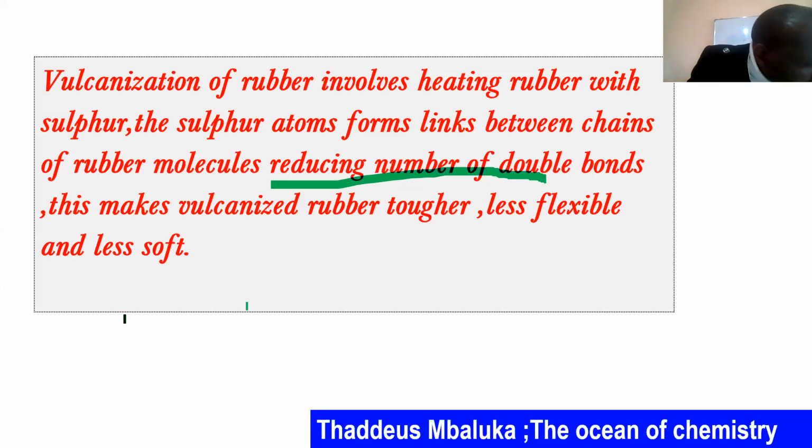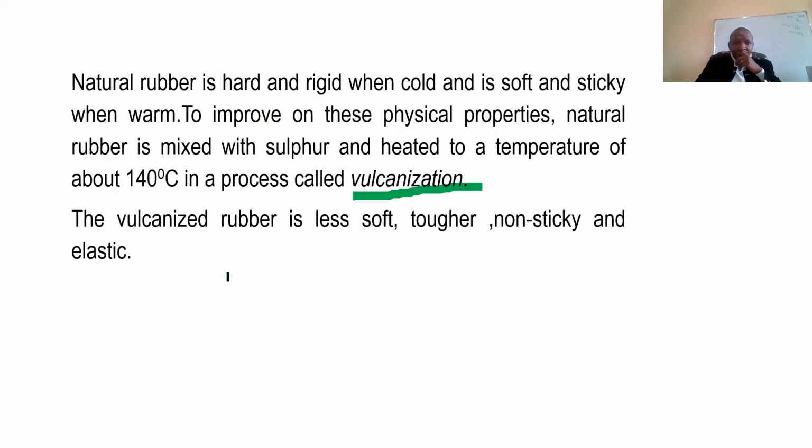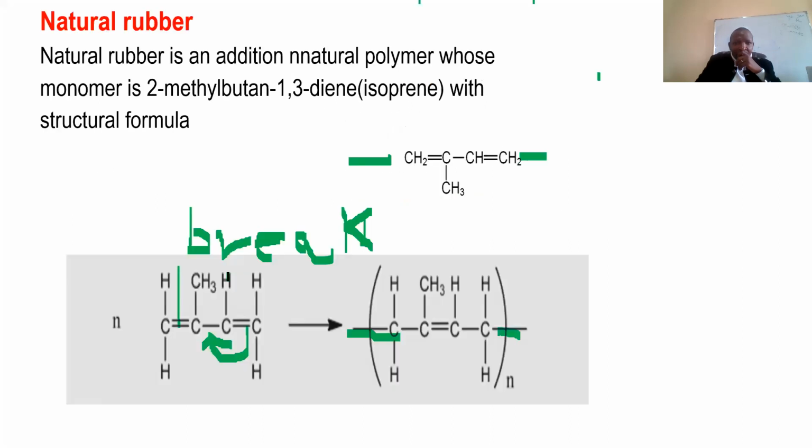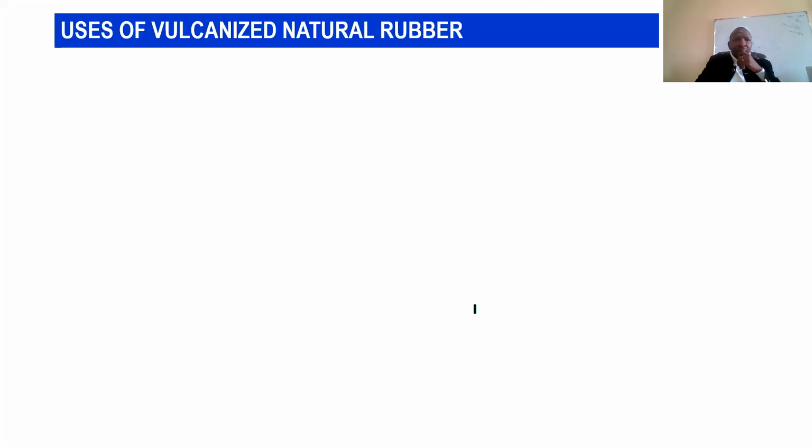Repeat the last sentence we read, the previous slide. Vulcanization of rubber, the next. Here, this one. The next. Yeah. Thank you. Okay, teacher, now, thank you.